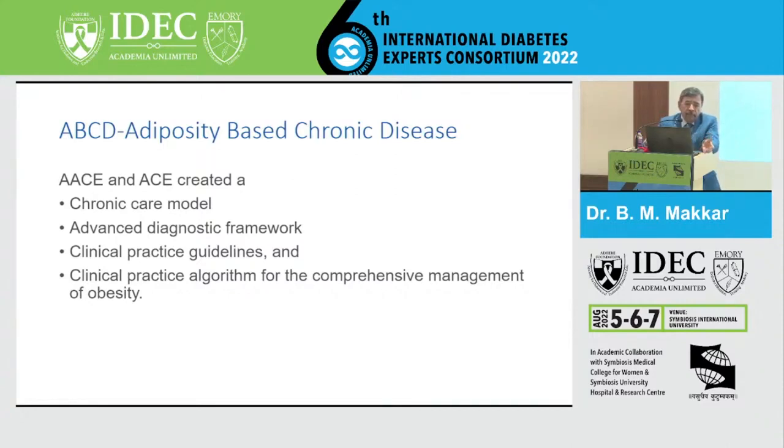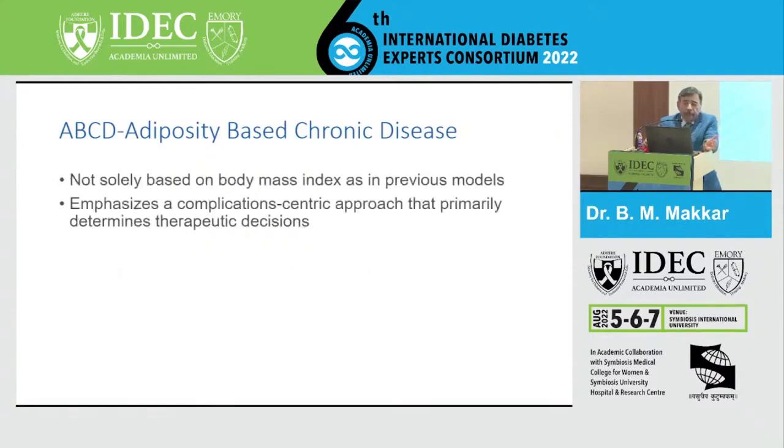And this is called ABCD, or adiposity-based chronic disease. It is not solely based on the body mass index as in previous models, and it emphasizes a complication-centric approach that primarily defines the therapeutic decision making based on different parameters.